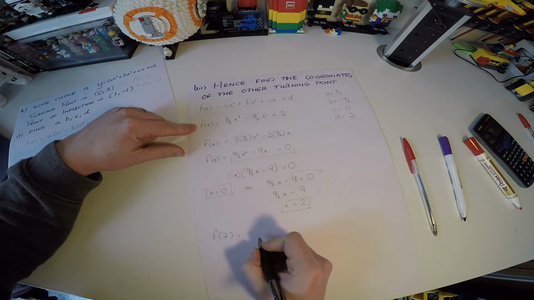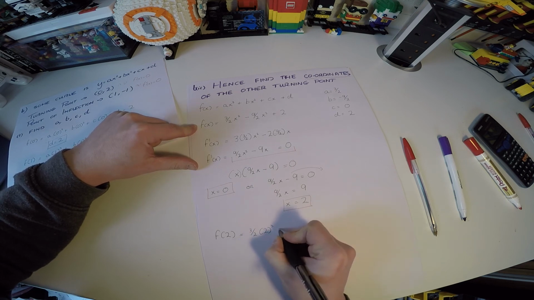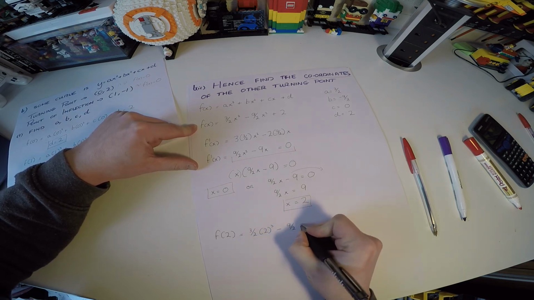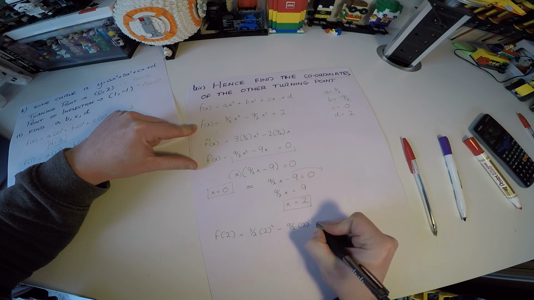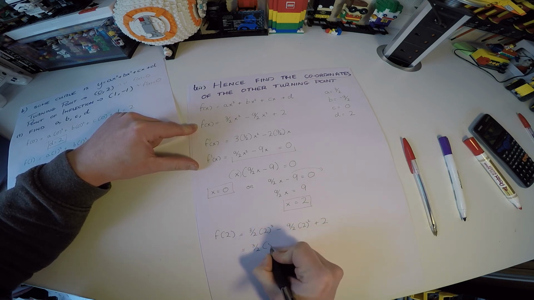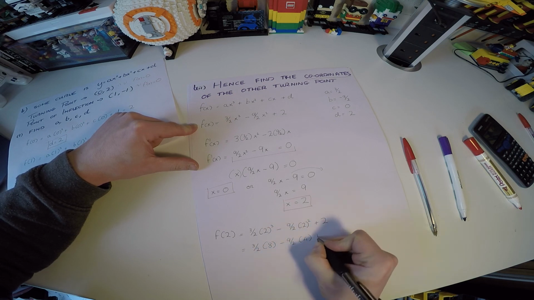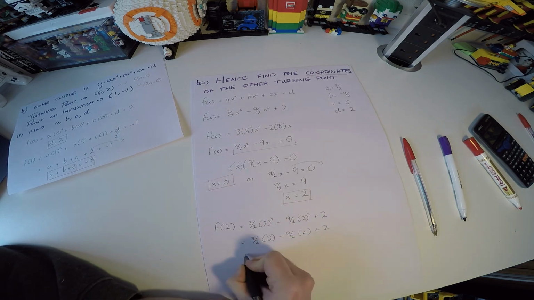That's equal to 3 over 2 times 2 cubed minus 9 over 2 times 2 squared plus 2. That's 3 over 2, 2 cubed is 8, minus 9 over 2 times 4 plus 2.